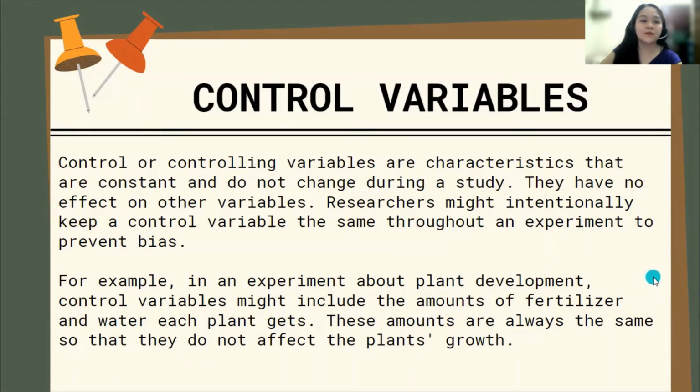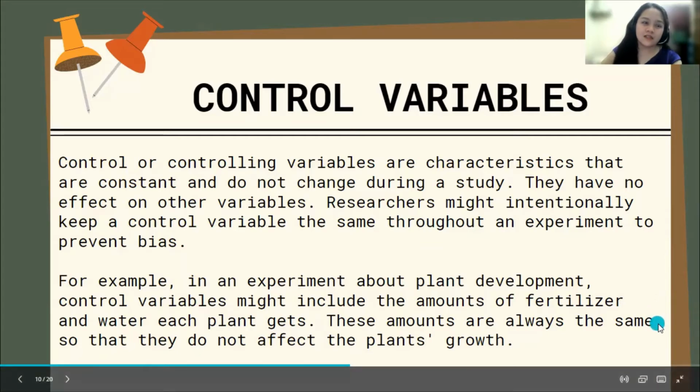So in this example below, if the study is not all about the amount of fertilizer and water that you put on the plant, they are in the control variable. Kasi hindi naman yun yung ini-study mo.